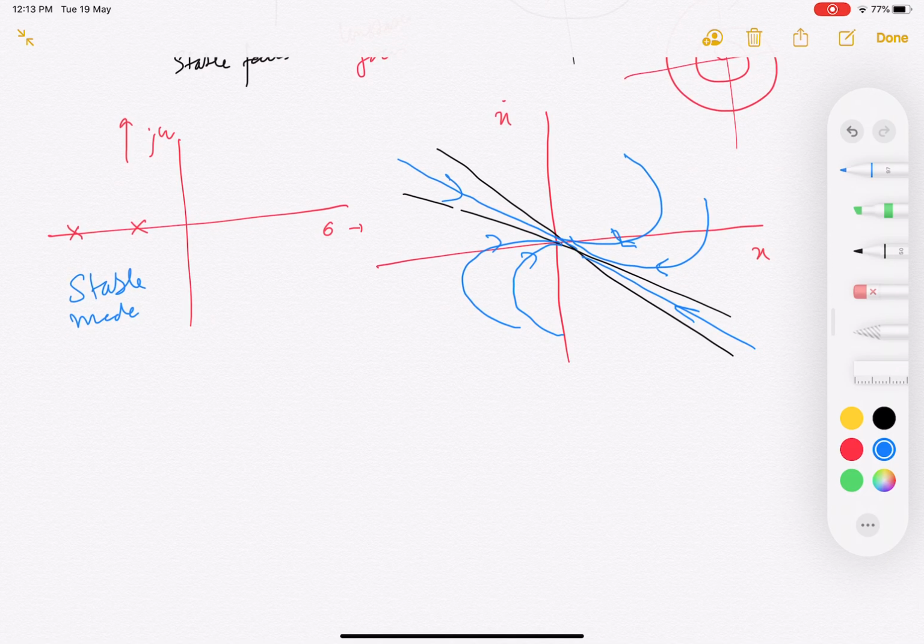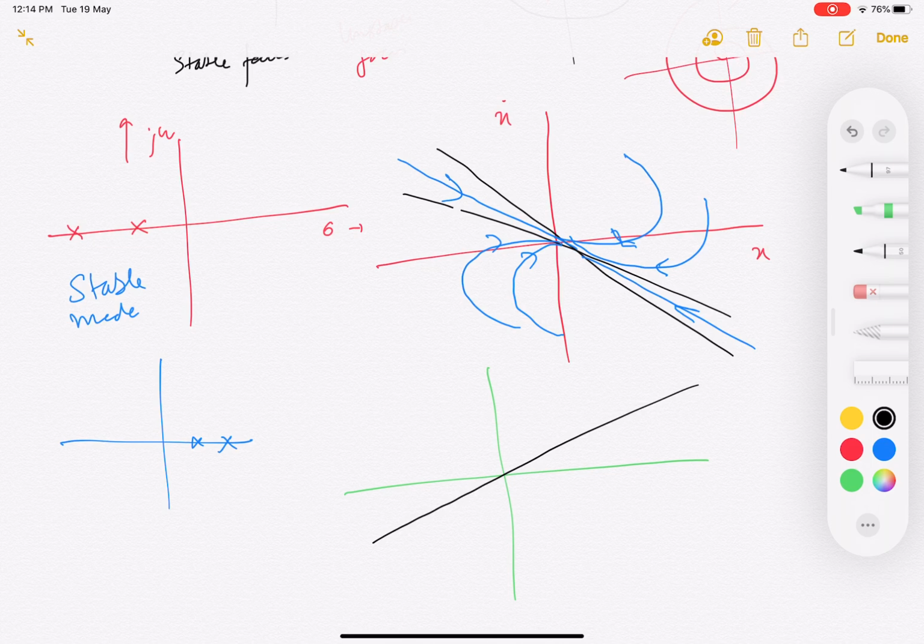The equilibrium point is called the singular point in phase plane analysis. So you can have an unstable mode, which would be both the poles on the right hand side, no oscillations, because they have no imaginary parts. So in this case, it's going to look like something again similar to what we have drawn, but slightly diverging instead of converging.